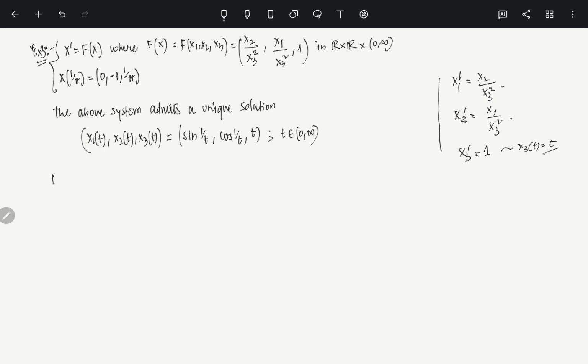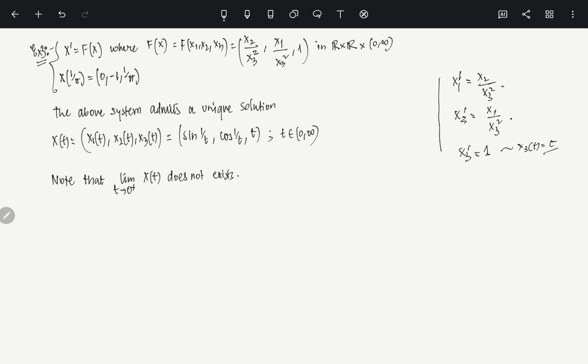So note that the limit as t tends to 0 plus of x of t does not exist. So this is x of t, right? X of t does not exist.